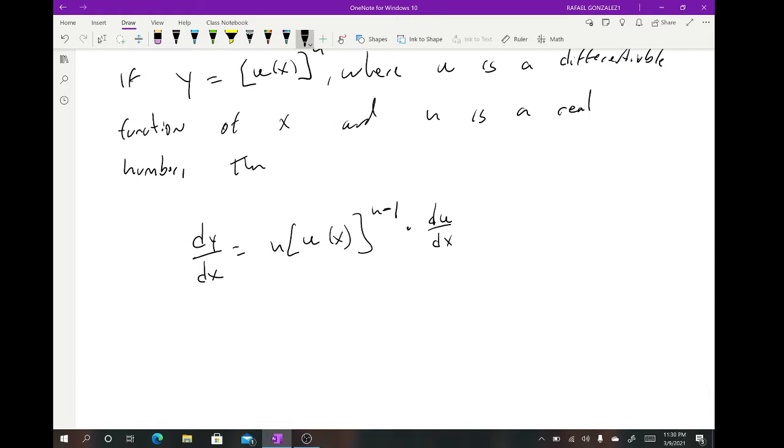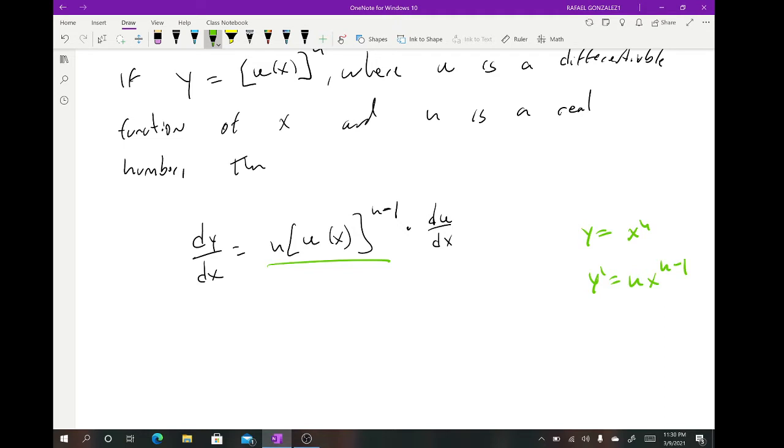So this first part shouldn't surprise you, because this is basically the power rule. Remember the power rule? If you're given y equals x to the n, then the derivative of that is n x to the n minus 1.